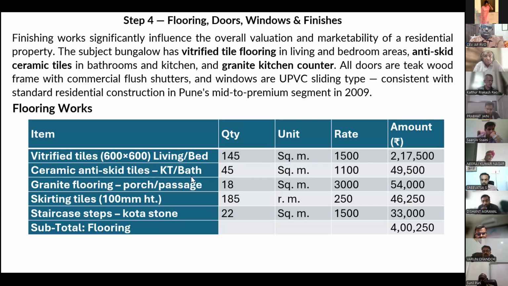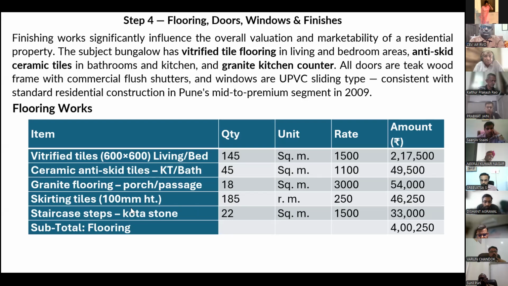Then in kitchens and bathrooms, we are using ceramic anti-skid tiles. Quantity is 45 square meter, rate is 1,100 per square meter, 49,500. Then in porch and passages, we are using granite flooring. Quantity is 80 square meter, rate is 3,000 per square meter.